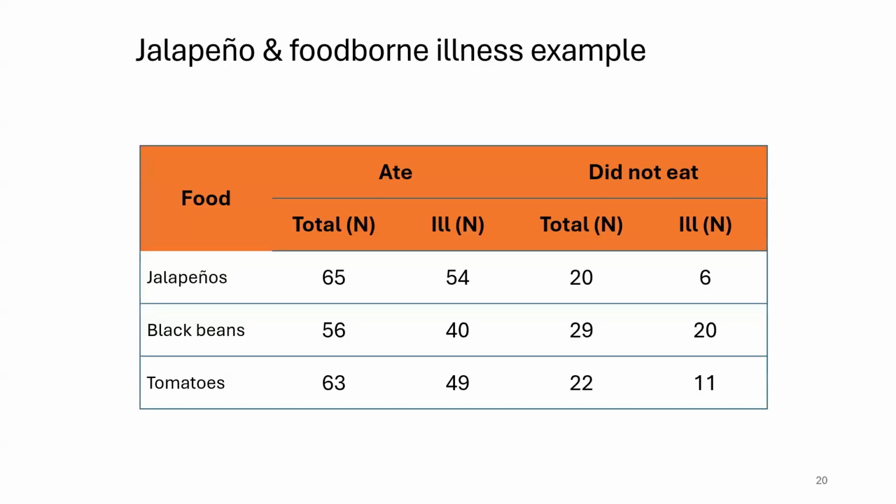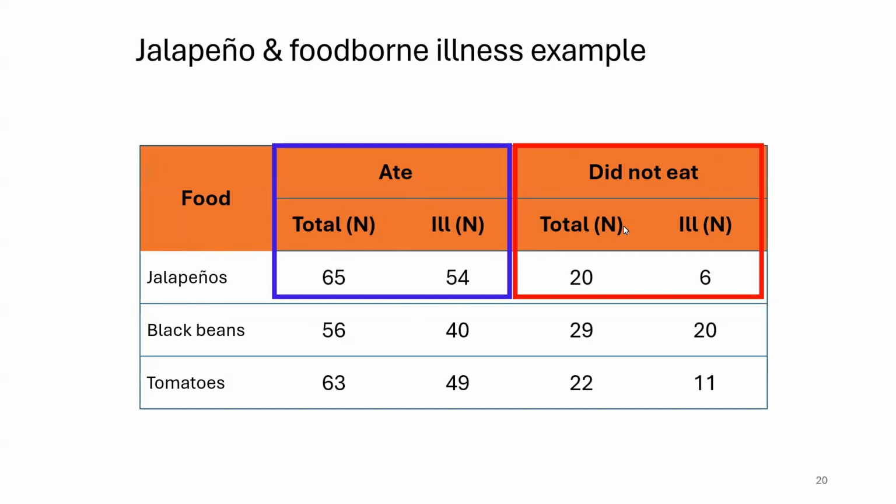So we have our jalapeno and foodborne illness example. So if we're looking at the cumulative incidence in the exposed group, you've already calculated that. So to get the cumulative incidence in the unexposed, we do the same thing. So if our exposure is eating jalapenos, those who are unexposed are those who did not eat jalapenos.